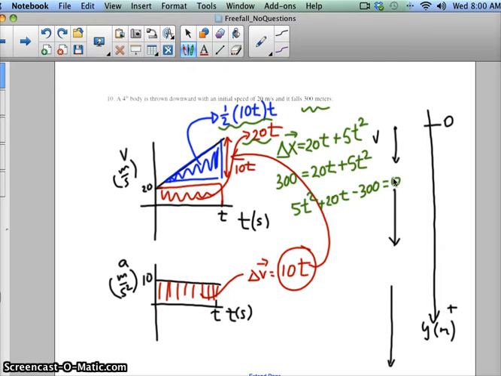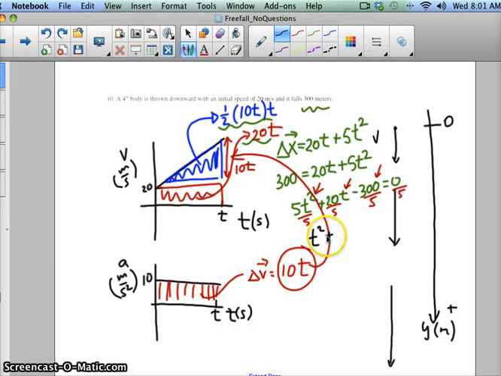I arranged it in descending order, meaning t squared, t to the first power, and then there's no constant term. And if I divide all my terms by 5, I can simplify my equation to t squared plus 4t minus 60 equals 0.